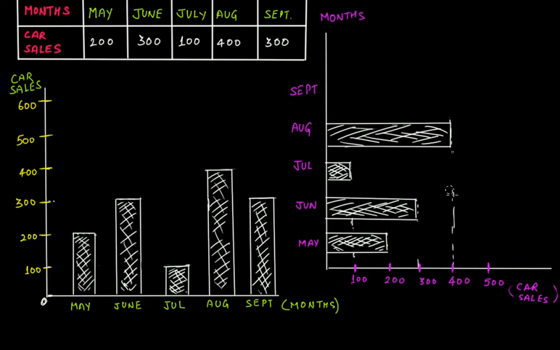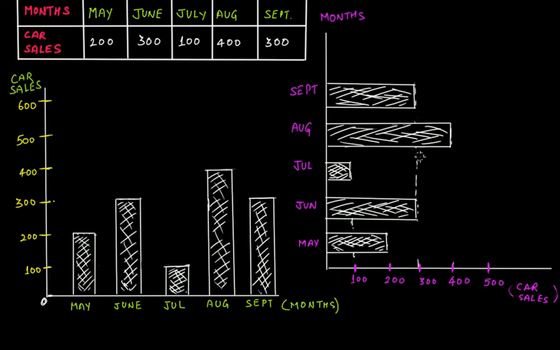And then for the month of September we have 300. Okay.